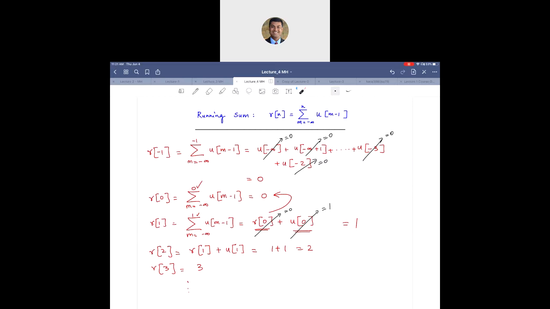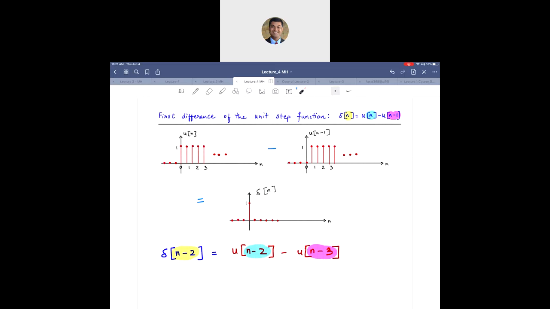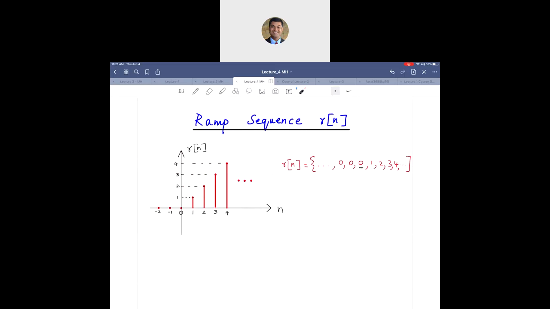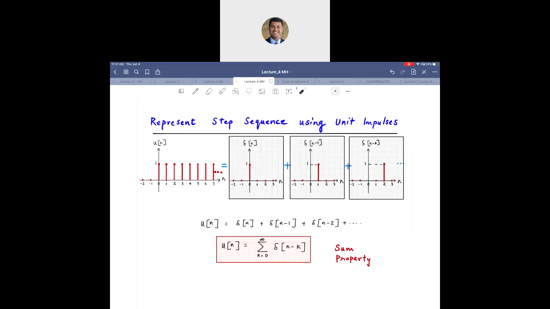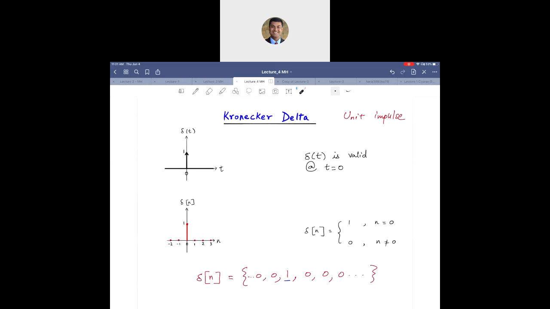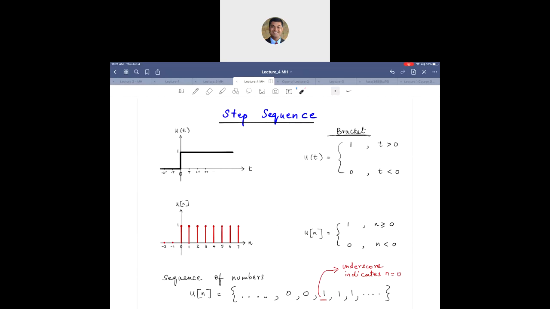So there's a question, which is u of 0 is 1. When you talk about continuous time signals, and unit step signals, not in a mathematically strict sense, then you actually include an equal to here.